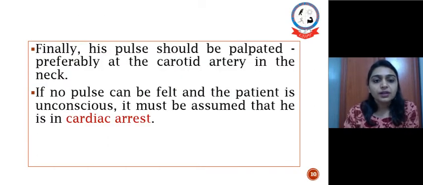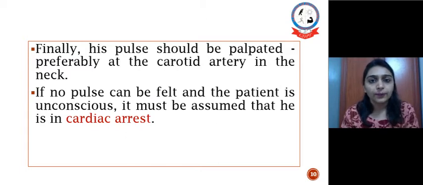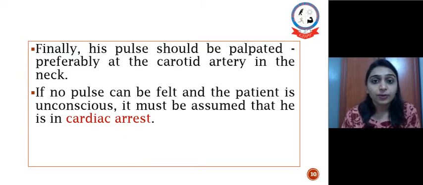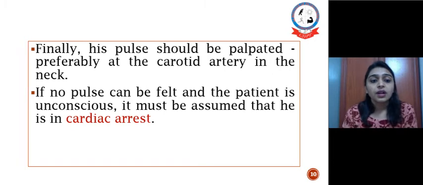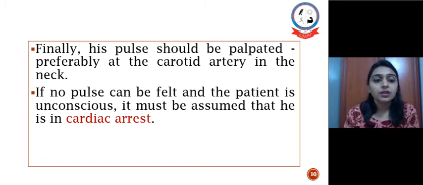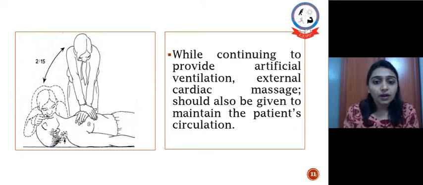Finally, we should check his pulse. We should check the carotid artery for pulsation, which is the most preferable way, as if the patient is in shock, we may not find peripheral pulses, but we may find the carotid pulse. If no pulse can be felt and the patient is also unconscious, then it must be assumed that the patient is in cardiac arrest, and we need to give cardiac massage.